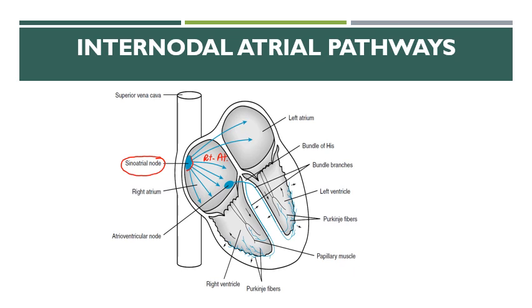Therefore, action potential originating in the SA node first passes into the atrial muscle and then eventually from the SA node, impulse transmission passes to the AV node.